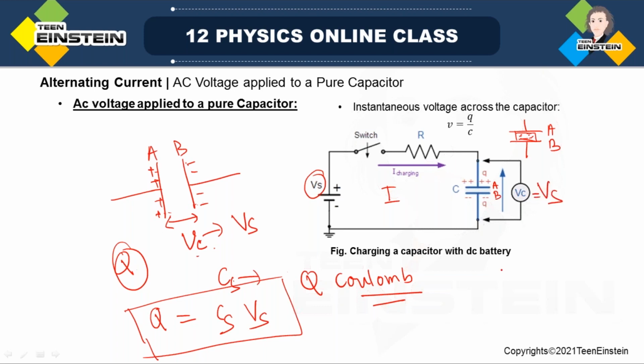When it is fully charged, Vc will be Vs. That means the potential across this will be exactly equal to the battery voltage.